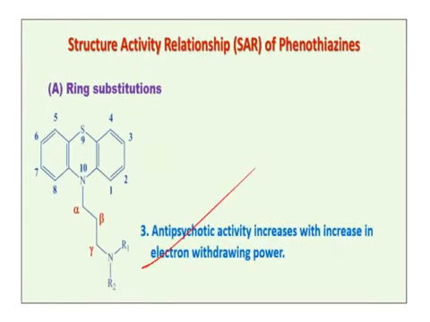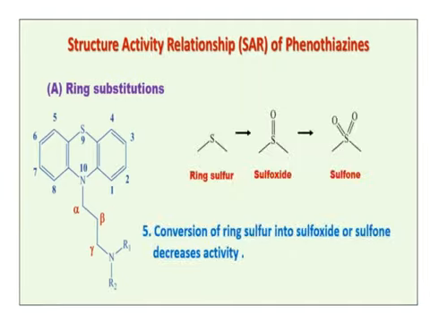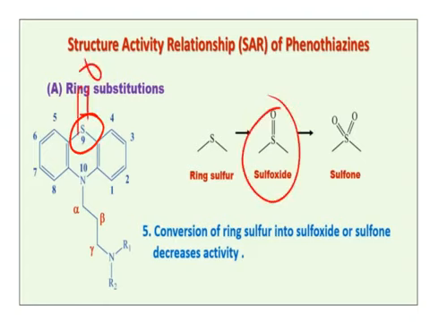And as we have seen, the more the electron withdrawing power, that is, the more electronegative the atom, the more its activity or potency increases. Then this position, the sulfur: if it is oxidized and converted into the sulfoxide, with a double bond O here, or into a sulfone, it will decrease the activity.